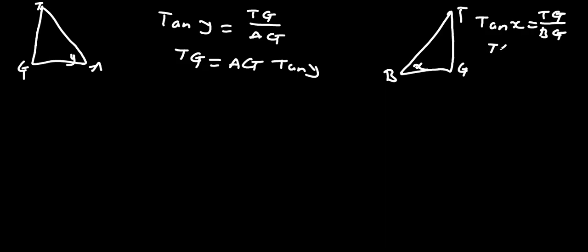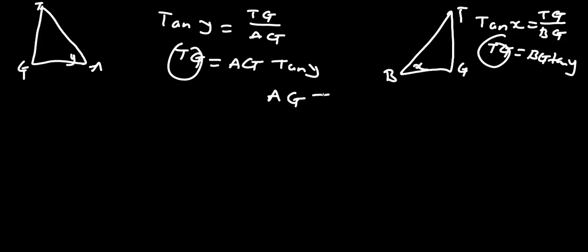So TG is going to be BG tan X. If we check TG and TG, we can equate them. So AG tan Y equals BG tan X. We can name this equation 1.